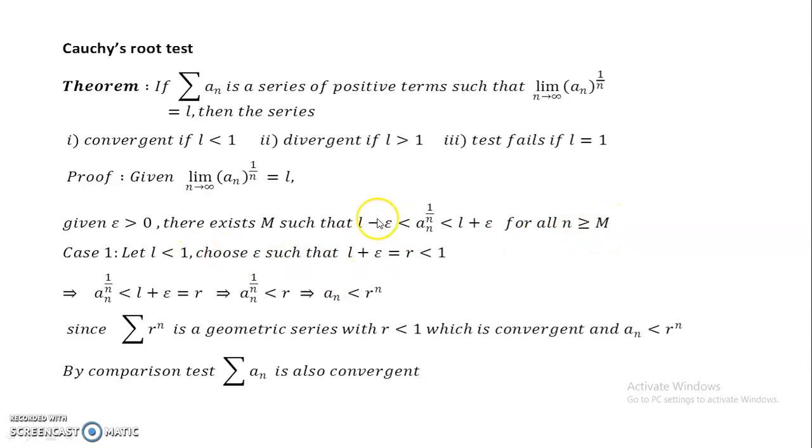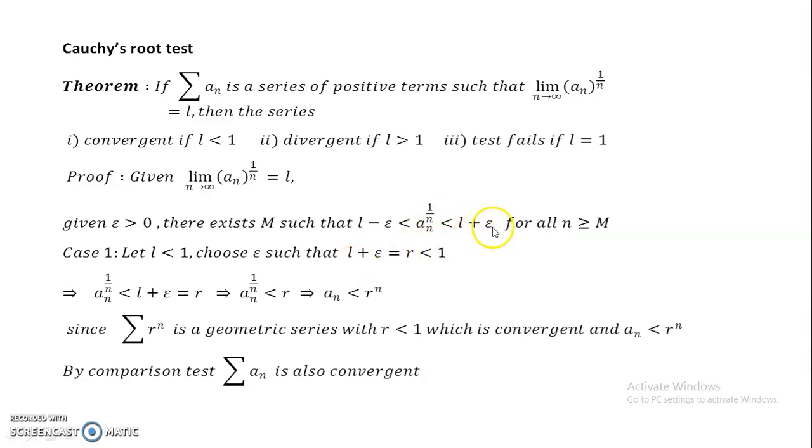Now we have two cases here. Let me see the first case. When L is less than 1, then we choose epsilon such that L plus epsilon, call it R, should be less than 1.